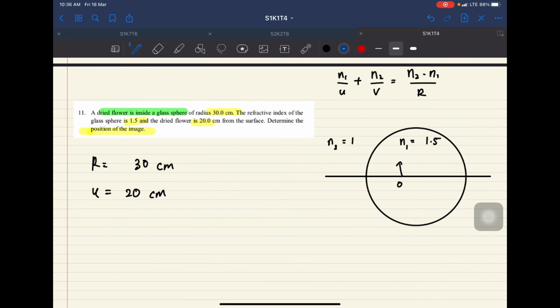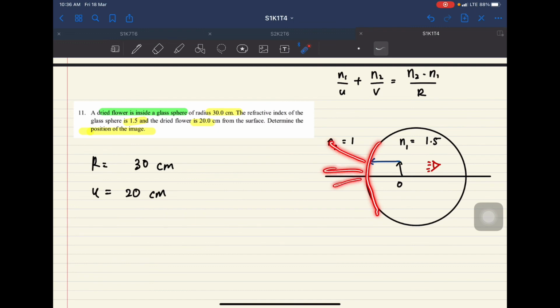Draw the ray diagram. So you draw the ray from the object towards the surface. Your point of view is from here, and you can see that the surface here looks like a concave lens, the light will be diverging.